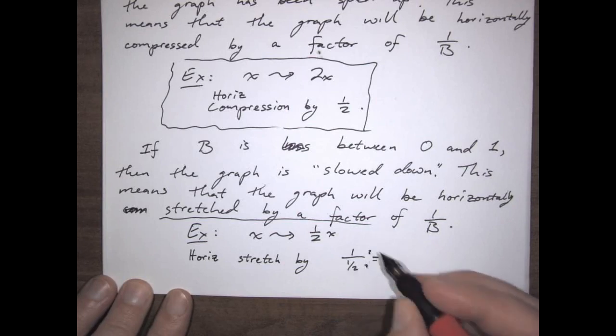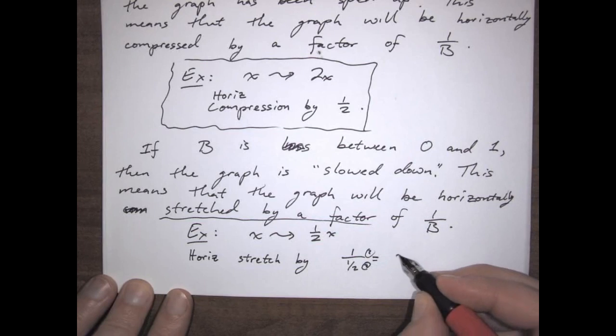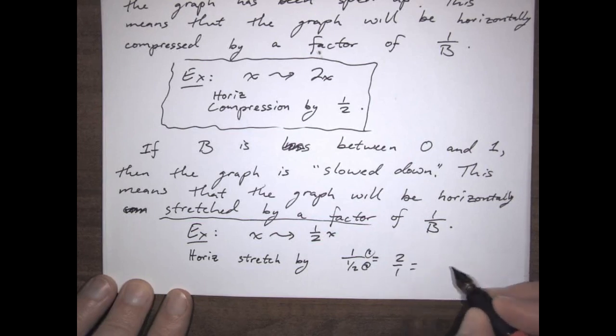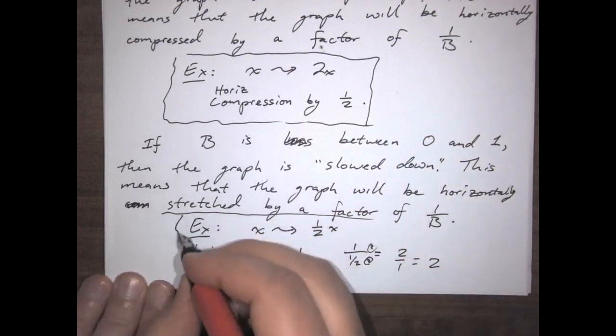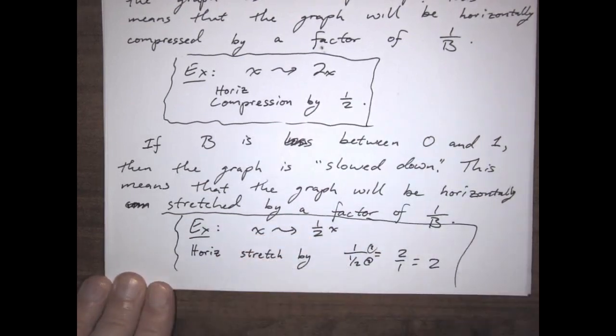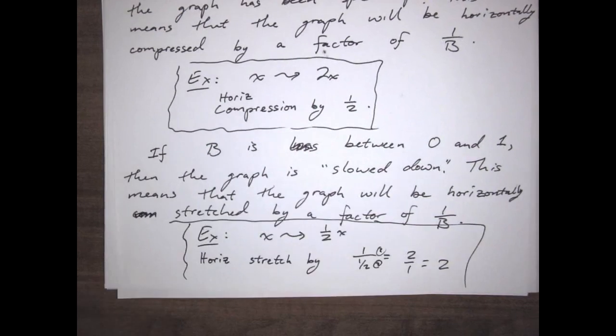That would cancel down there, and what you get is just 2 over 1, which equals 2. So it's going half as fast, so everything takes twice as long, and the graph gets stretched out.